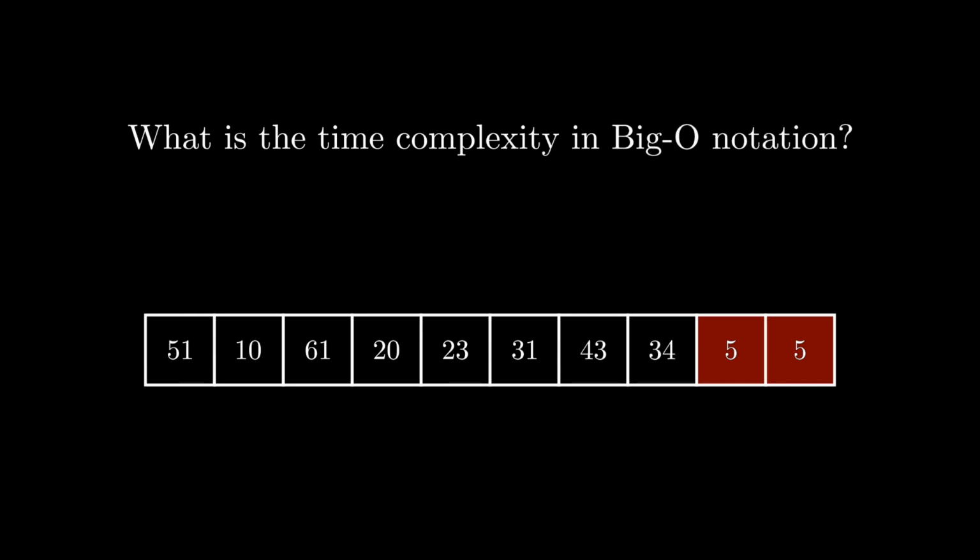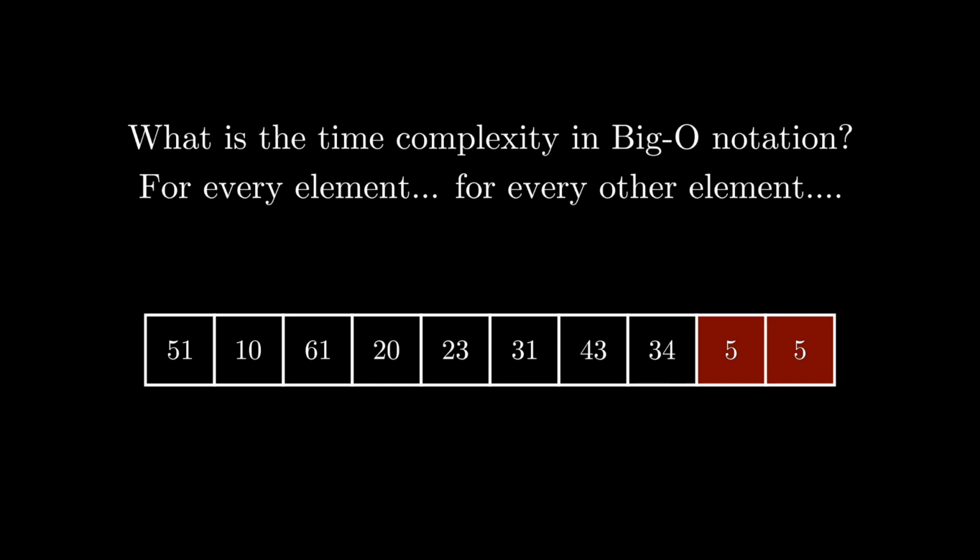So what is the big O runtime here? Remember, for every element, we check every other element. So it's O of n squared. A big rule of thumb here is that whenever you see nested for loops, you should think about and consider O of n squared.